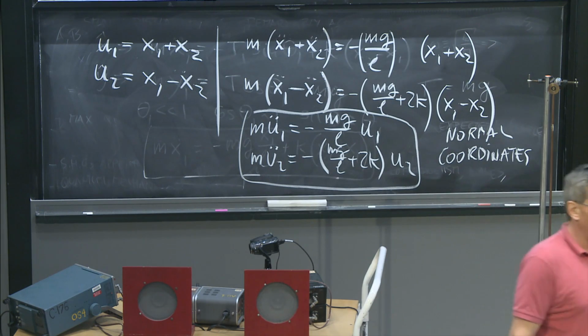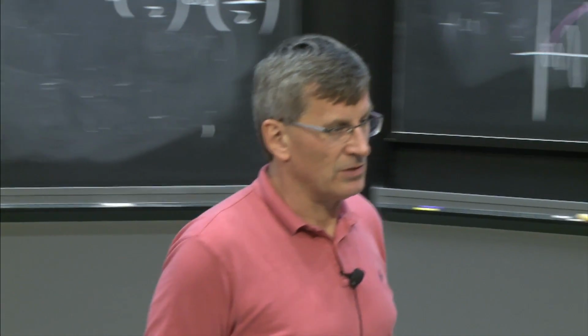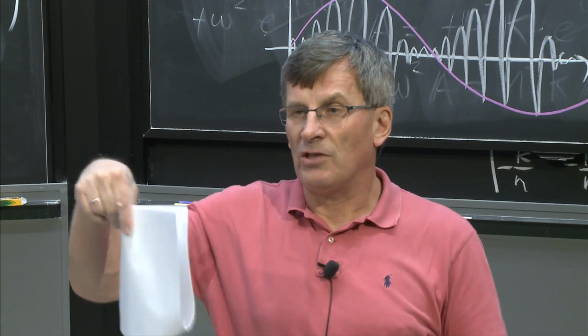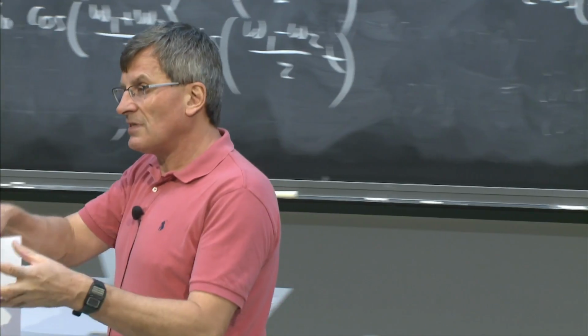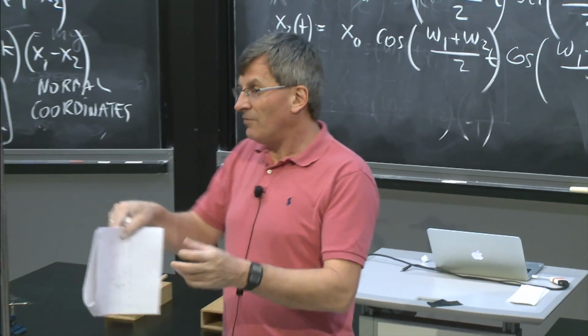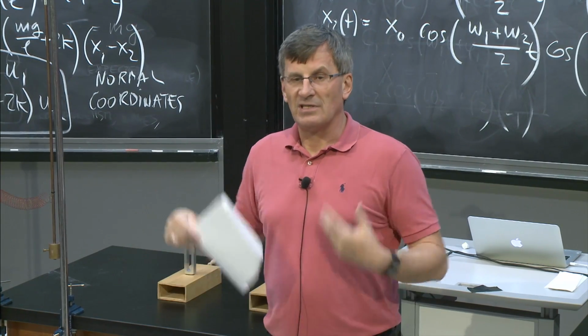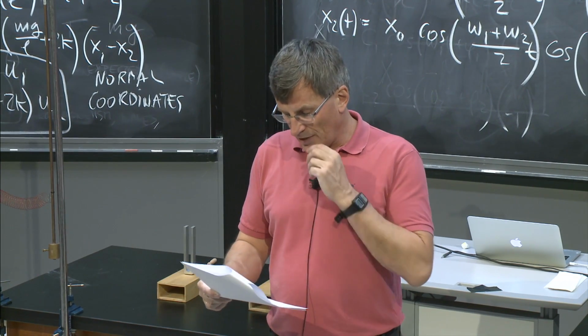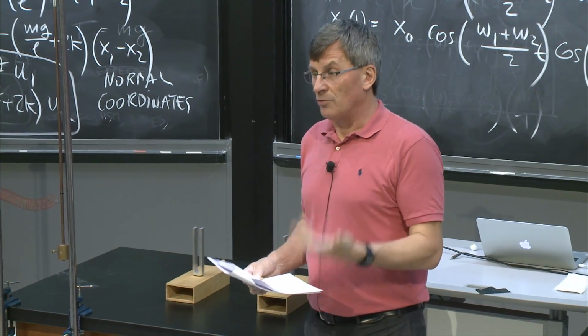You can always have a linear combination of coordinates for an arbitrary sized coupled oscillator system, where you basically force the system to behave in a way that induces a single oscillation, single frequency. So this is a very powerful trick.